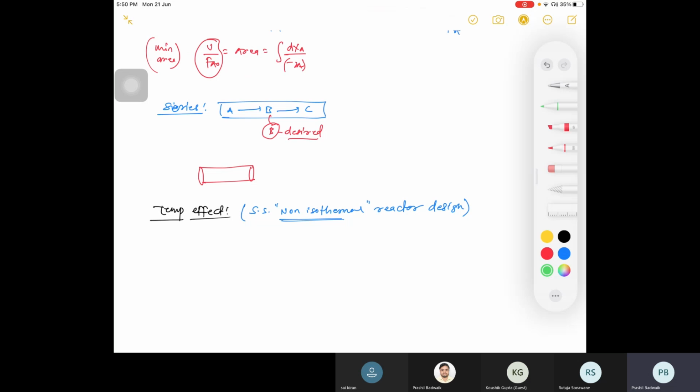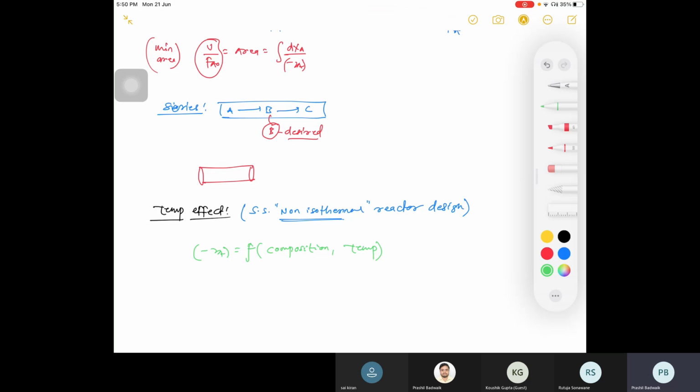Till date what we studied was all about isothermal, because we had two variables for rate. Minus RA is a function of your composition, and second is your temperature.